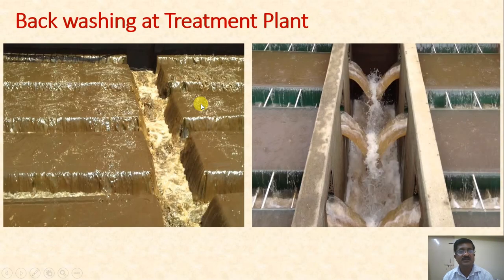This is in the case of backwashing, when the backwash water is in operation, observe the color of the water. And as time proceeds, in the next figure you can see that the color goes on decreasing. So backwashing is also an important operation, and a skilled operator is required for this.